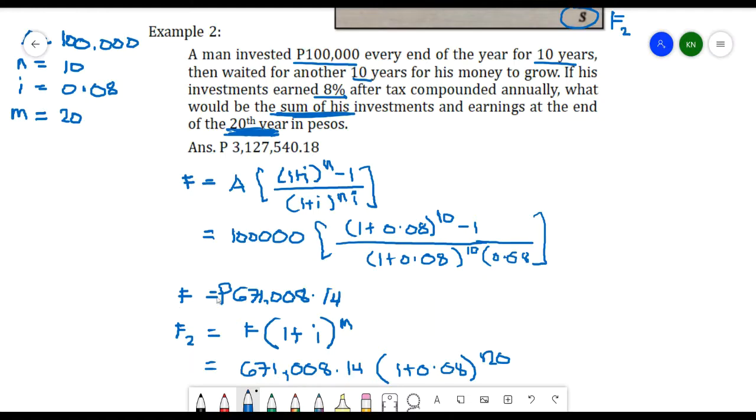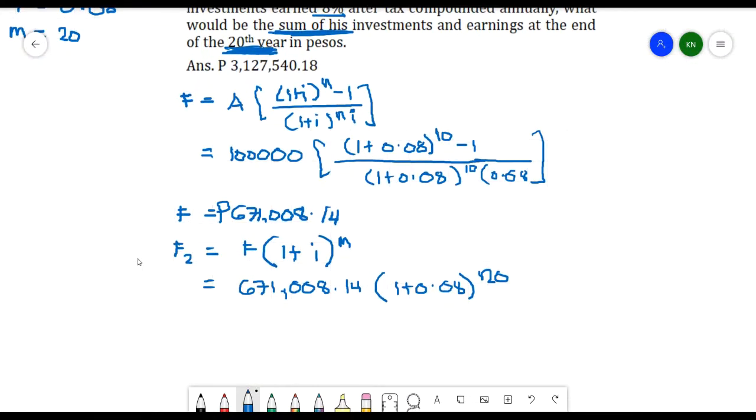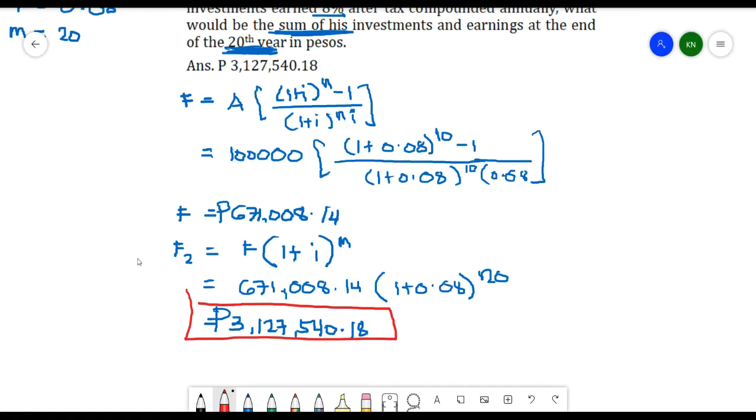So we have the final answer as equivalent to 3,127,540.18. So this is now our final answer.